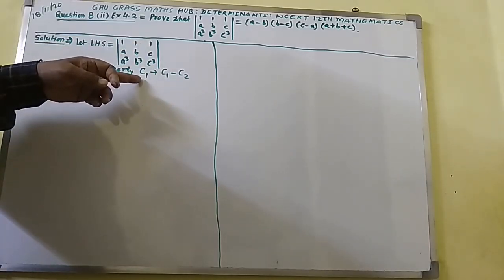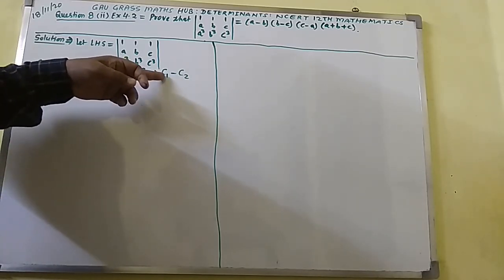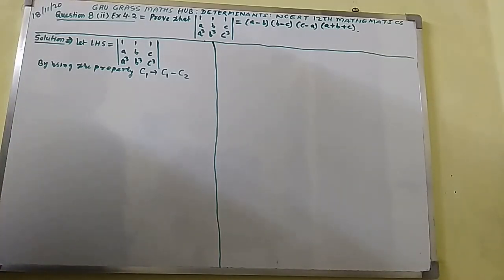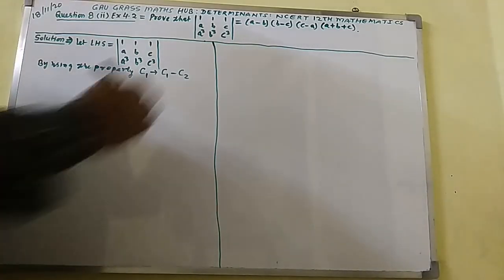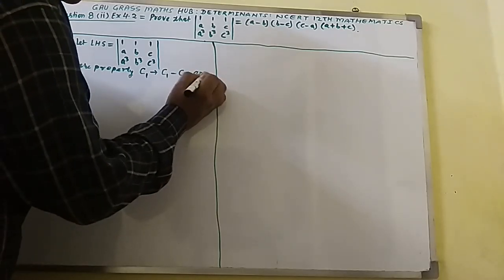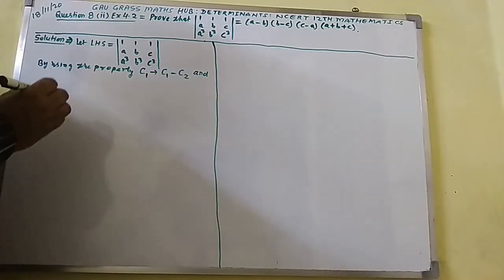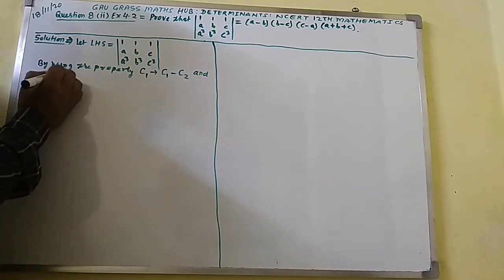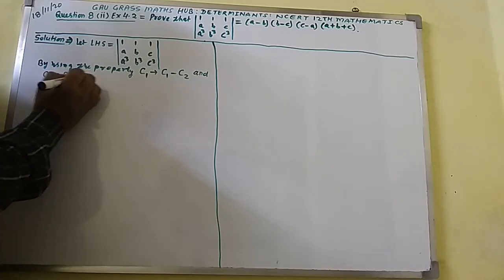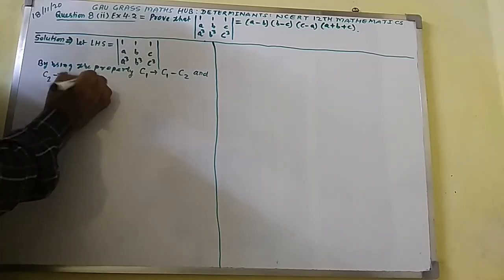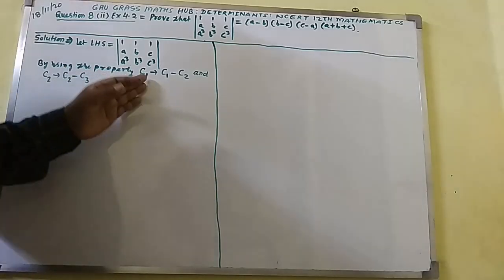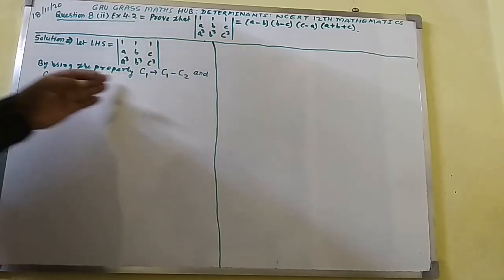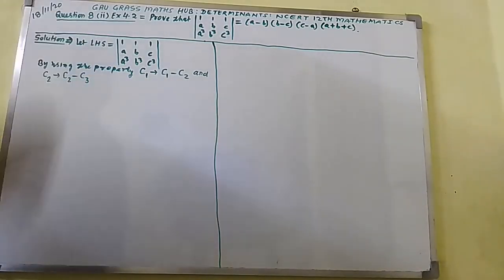So here I shall use the property C1 goes to C1 minus C2. And you can use the property C2 goes to C2 minus C3. These both properties simultaneously you can use in this determinant.